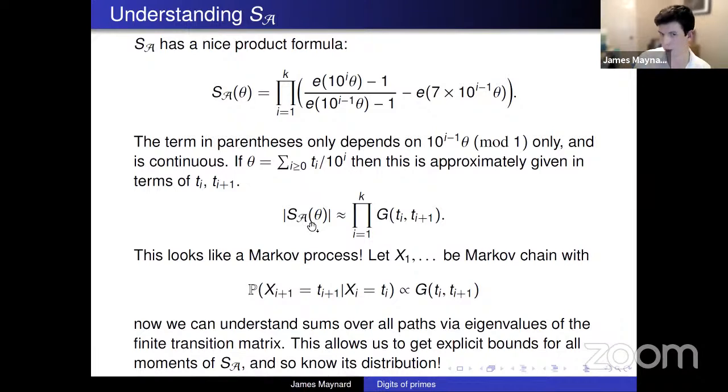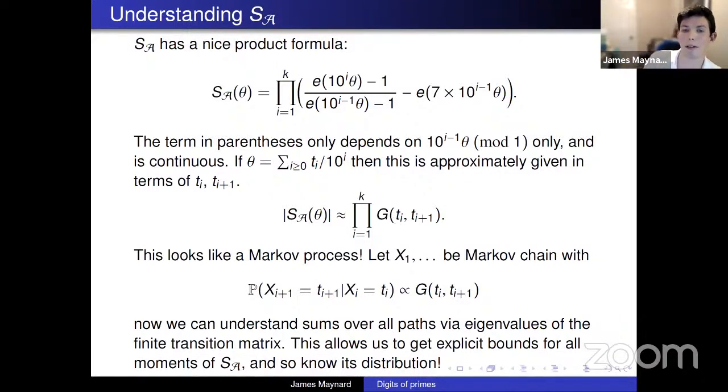So you can understand all moments by just looking at this transition matrix. There's maybe a slight concern that I took this approximation where I'm just looking at 2 consecutive digits, but you can correspondingly take better approximations because fundamentally I'm looking at some infinite dimensional operator, but I'm approximating it by a sequence of finite dimensional operators. And for each of these finite dimensional operators, I can understand all their behavior and all their distribution just through eigenvalues of some finite transition matrix.